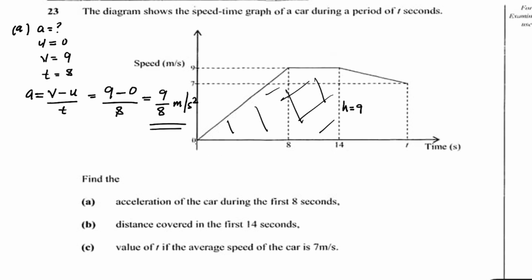Then from 0 to 14, this is the base, which is 14. And from there to there, this is the width, which represents 6. From 8 to 14, it is 6. You subtract 14 minus 8.